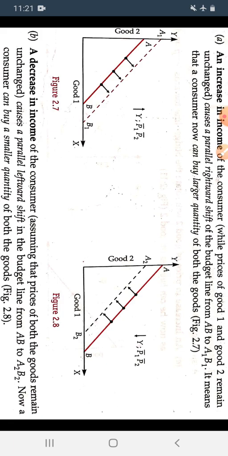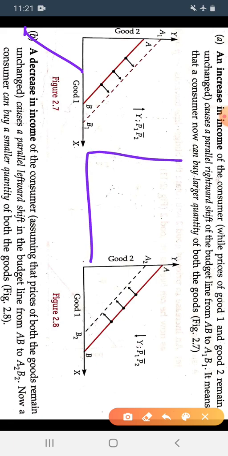The second condition is when there is a decrease in income. When there is a decrease in income, assuming the prices of both goods remain unchanged, it causes a parallel leftward shift.